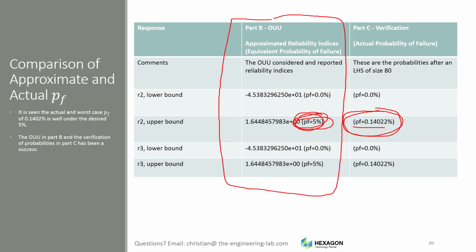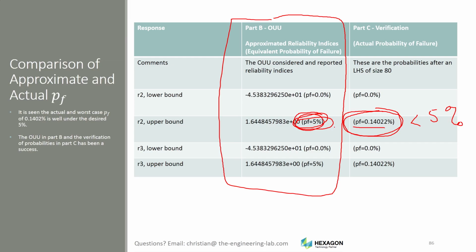Now, if everything went correctly, I expect the maximum probability of failure to be 0.14%, which is well under the desired 5%. Now, if you're using some other type of UQ method, maybe this verification process is not necessary.